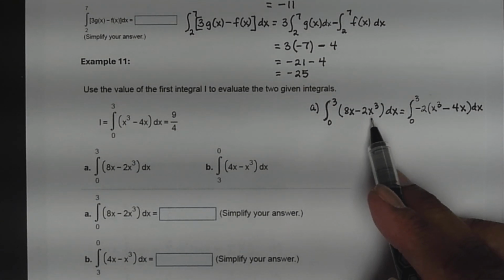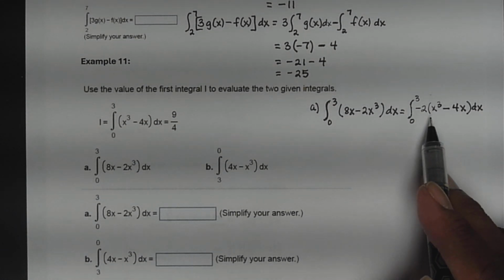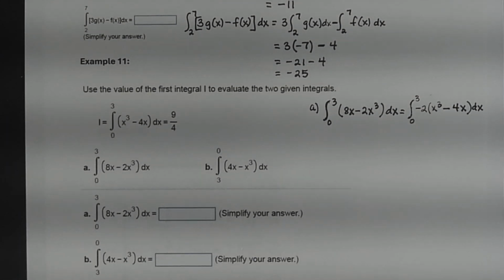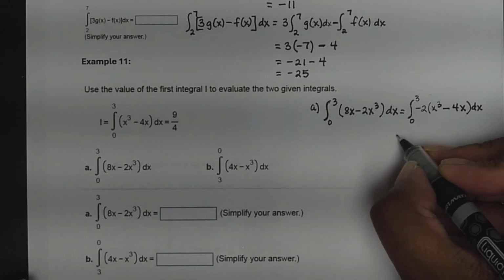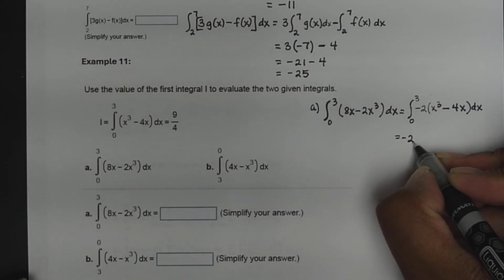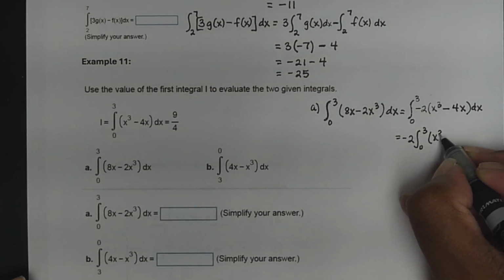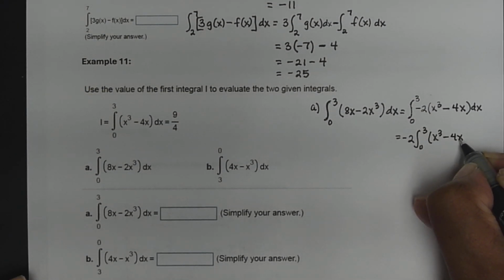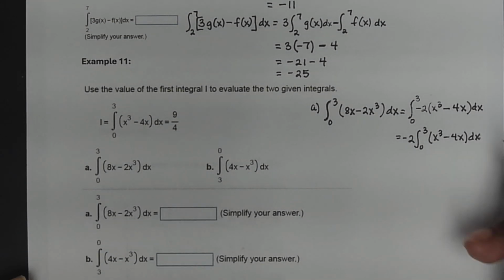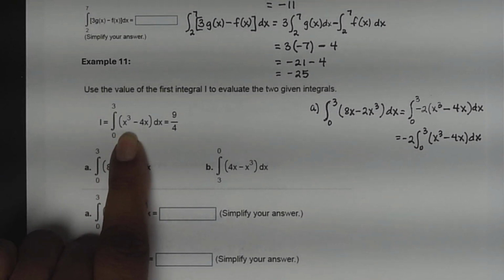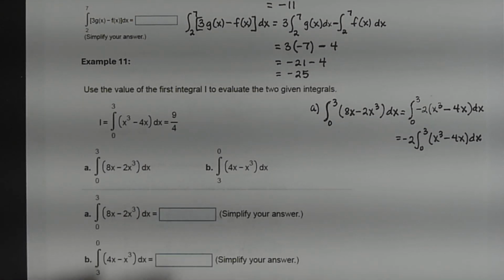Negative 2 divided by the negative 2x cubed, that's x cubed. Negative 2 into the 8x will be minus 4x. Now I can pull out that negative 2, so it'll be negative 2 times the integral from 0 to 3 of x cubed minus 4x dx, which is exactly this right here. And it's equal to 9/4.